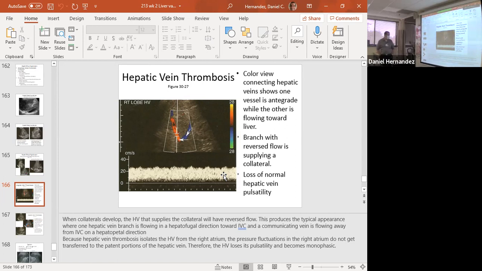Because hepatic vein thrombosis isolates the hepatic vein from the right atrium, the pressure fluctuations of the right atrium do not get transferred to the patent portions of the hepatic veins. So therefore, the hepatic vein loses its pulsatility and becomes monophasic.